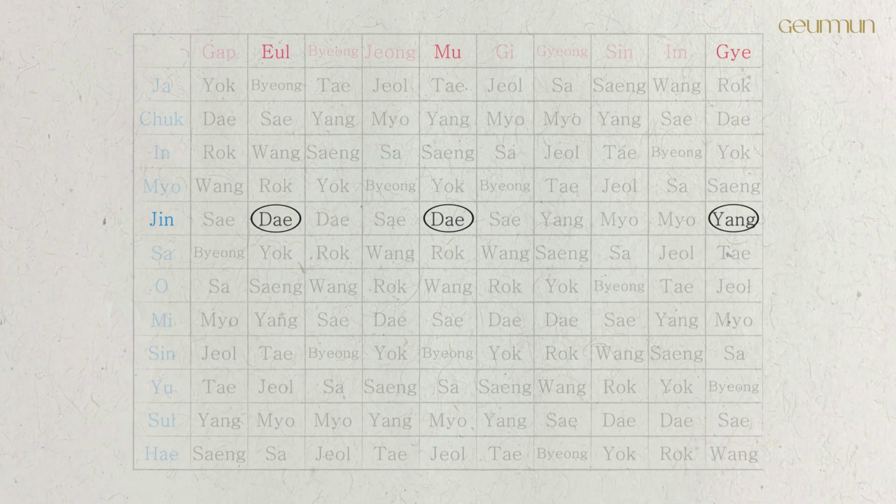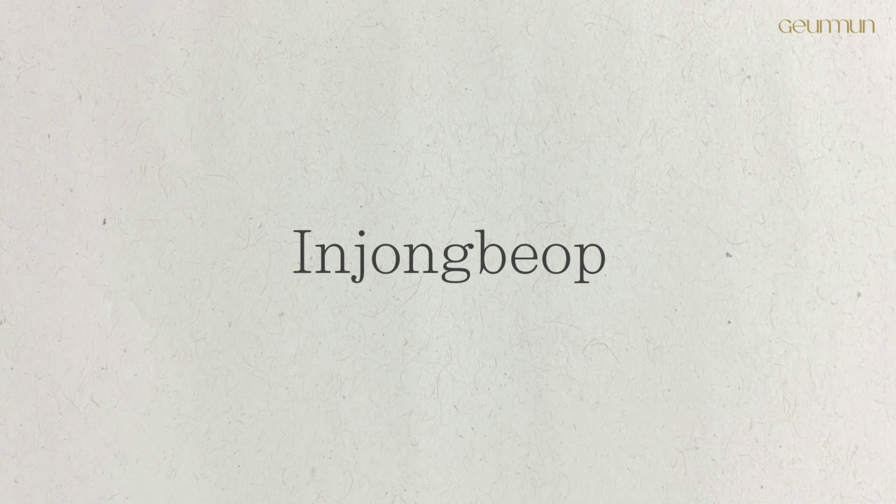In this way, Jwabeop involves pairing each Jijangkan with its Jisi and interpreting them as we do in Jwabeop. It's a method for uncovering the hidden flow and inner energies that aren't visible on the surface. Now, let's move on to study the final principle, Injongbeop.